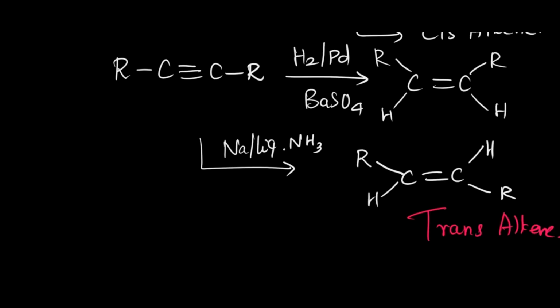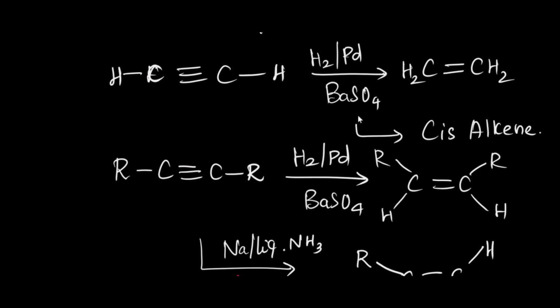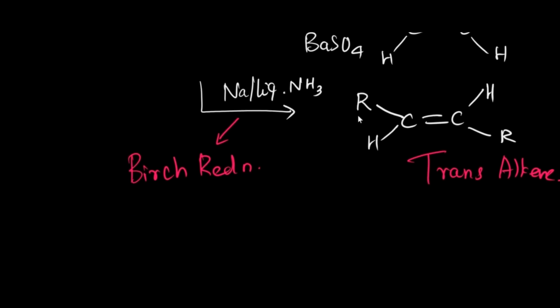So this reaction is called Birch reduction. Birch reduction always gives you trans alkene, and the former one which produced the cis alkene, the reagent is palladium, hydrogen with barium sulfate. Here the barium sulfate is acting as a poisoned catalyst.